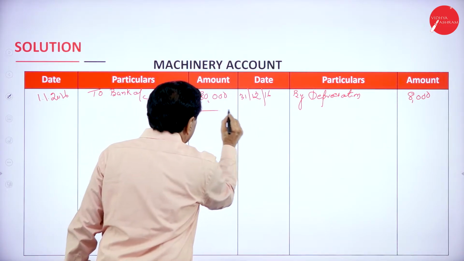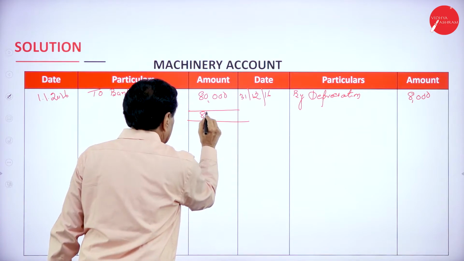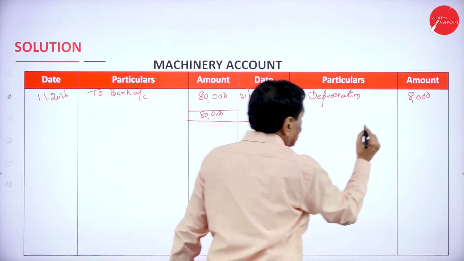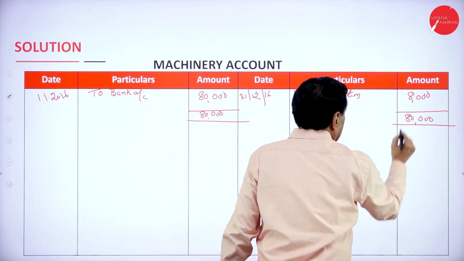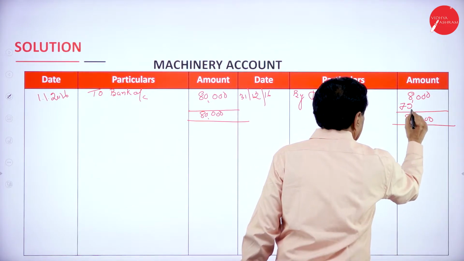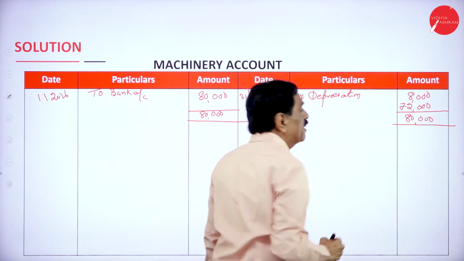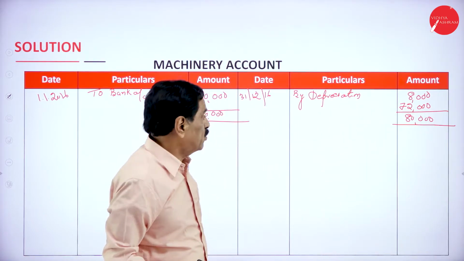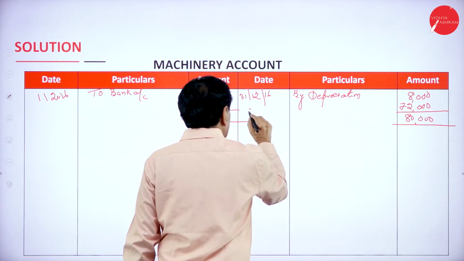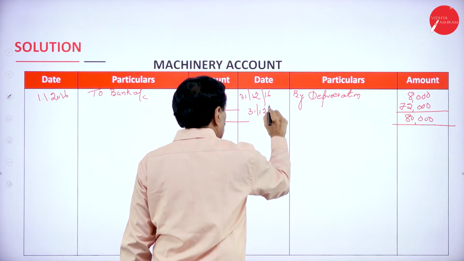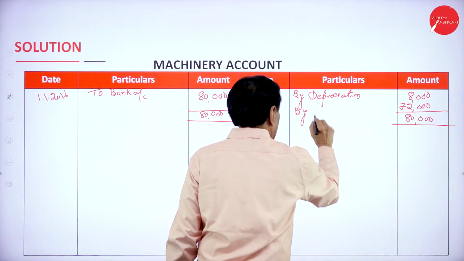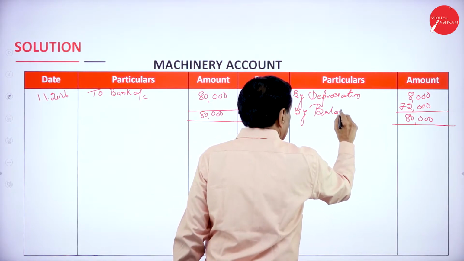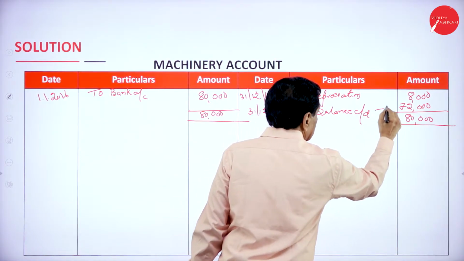Bring out the difference. It is 72,000. At the end of the year, the balance is 72,000. That is on 31st December 2016, by balance carried down.